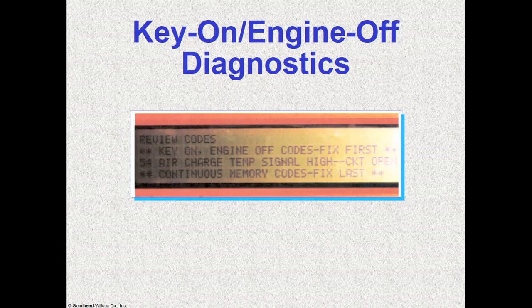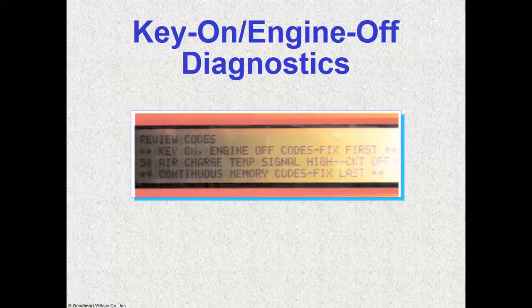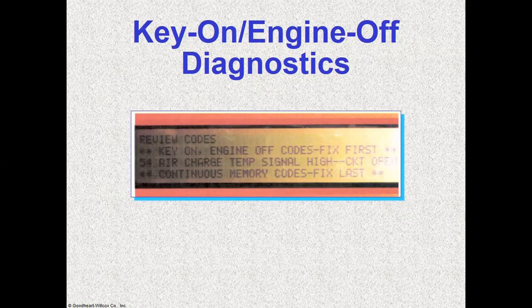So key on engine off diagnostics: review codes, key on engine off codes fix first. Here we have, I think, code 54, EGR charge temp signal high, and that's the crank off, continuous memory code, fix last.